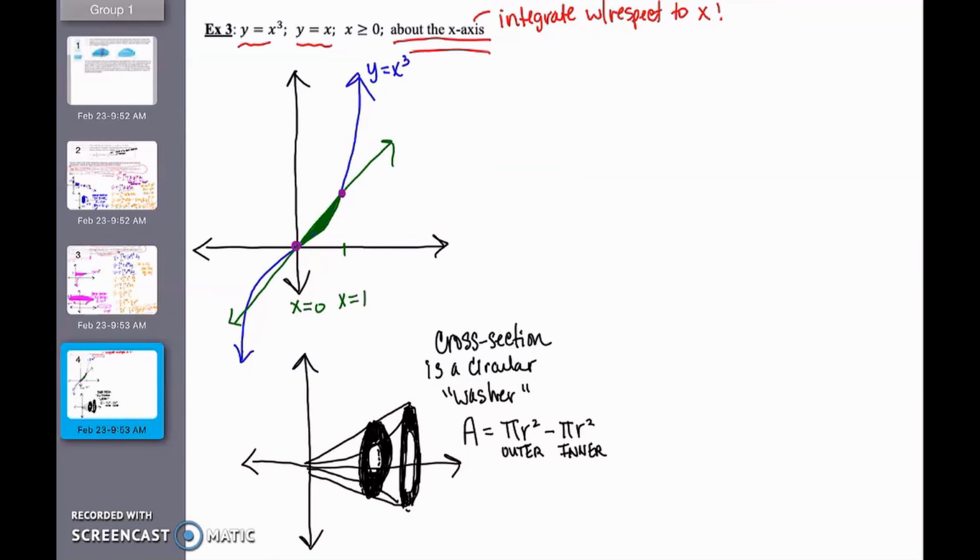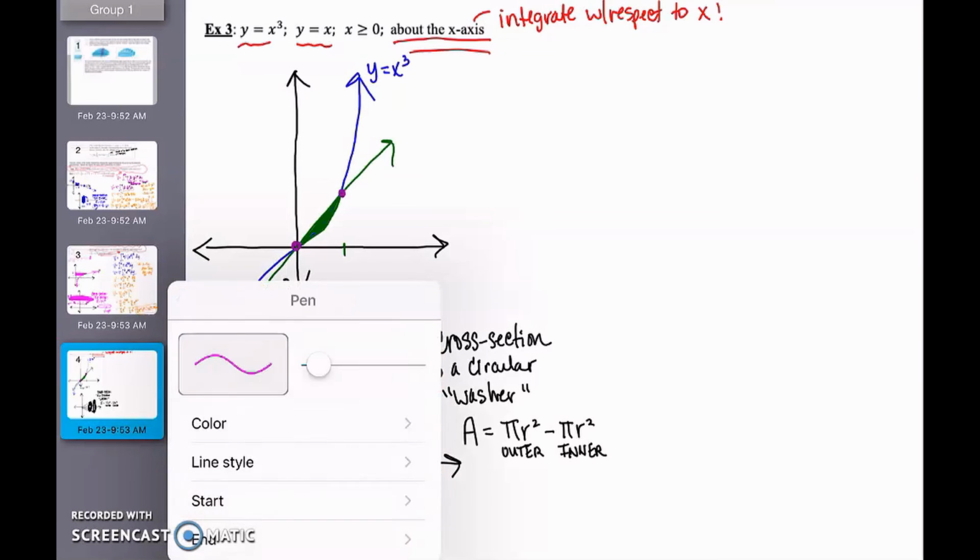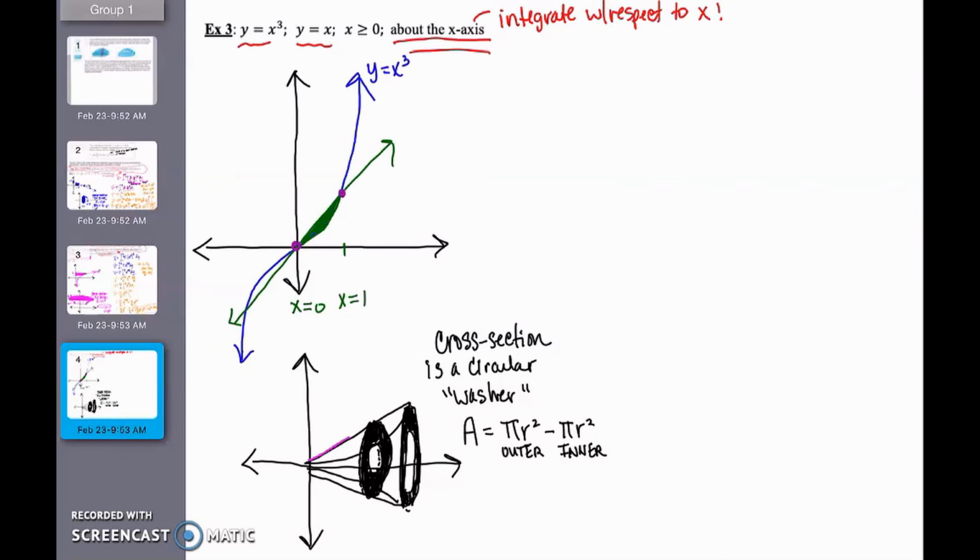So it's a little bit more complicated, but yet we can figure it out because we know that the radius of our outer function is going to be, hang on, let me switch colors here. The radius of our outer function is that line y equals x. So our radius is x for our outer function.